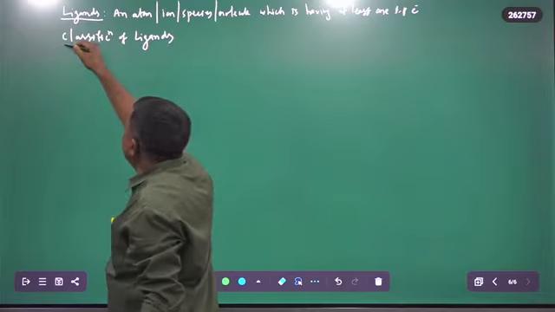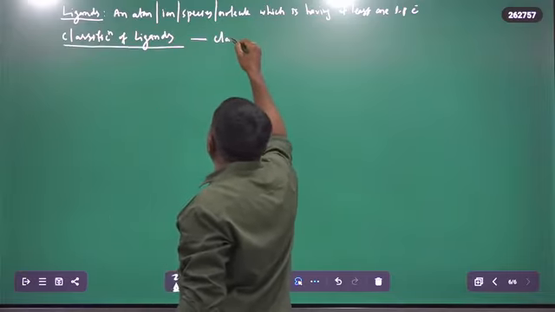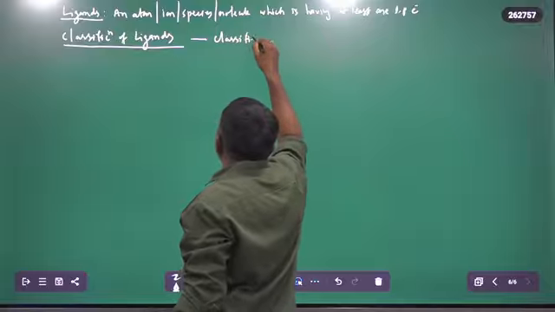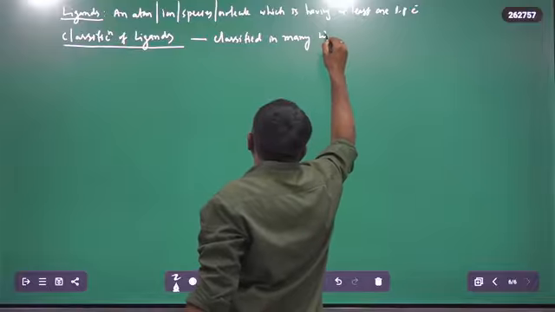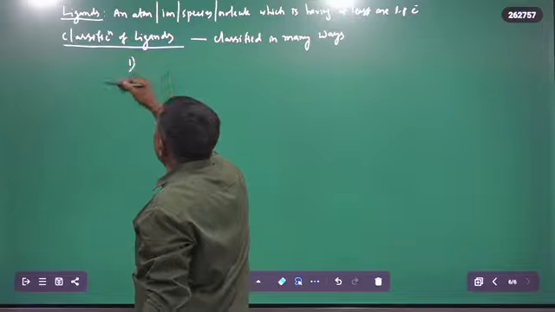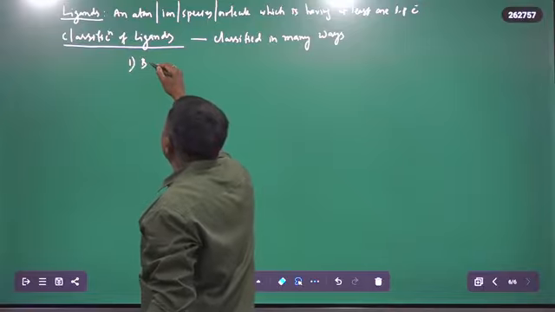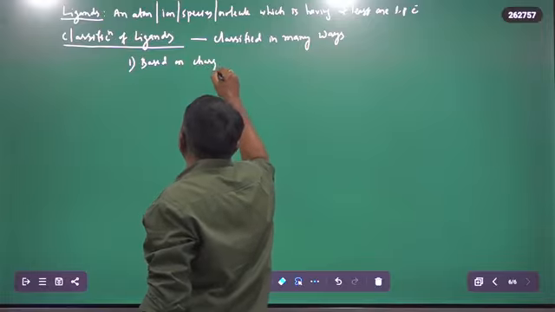Ligands are classified in many ways. The first important classification is based on charge.